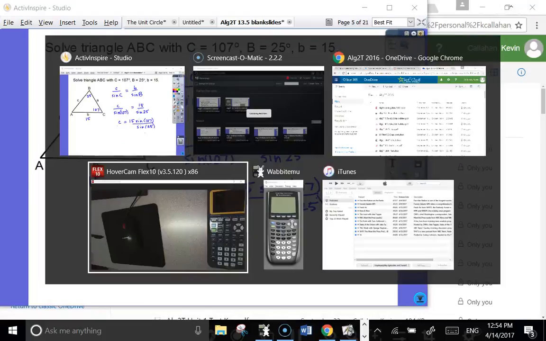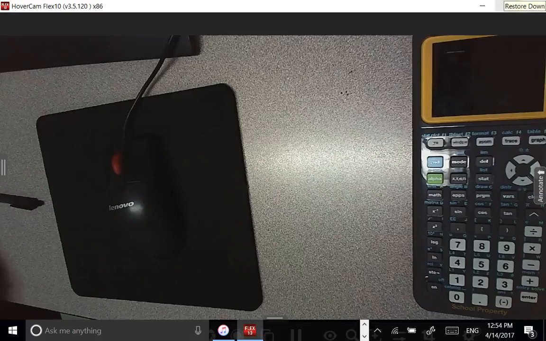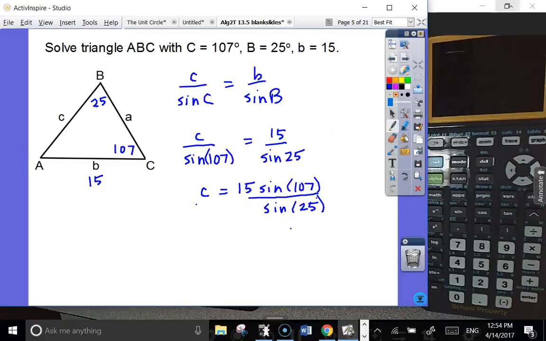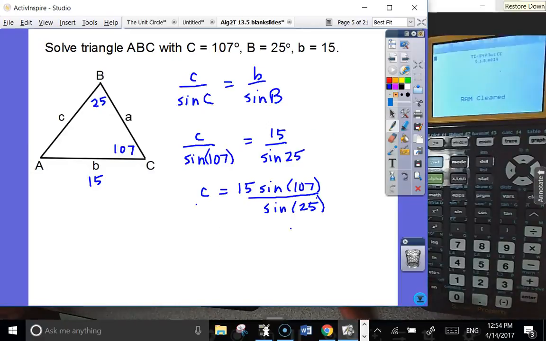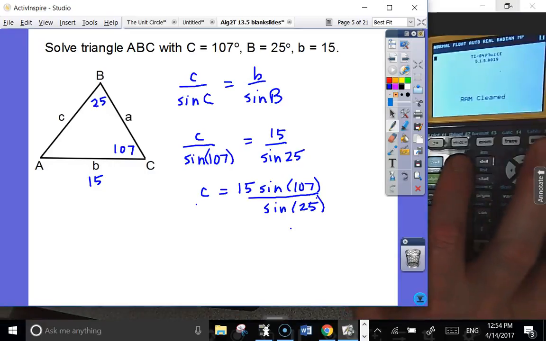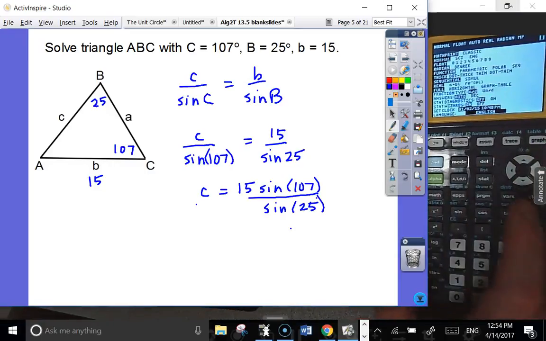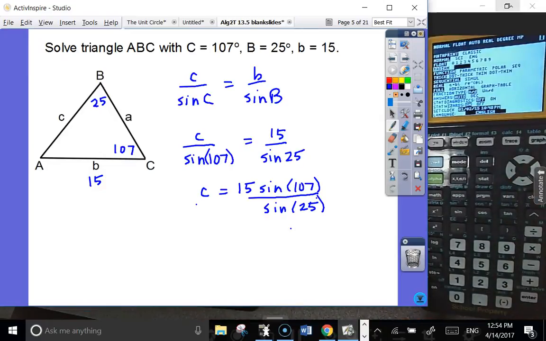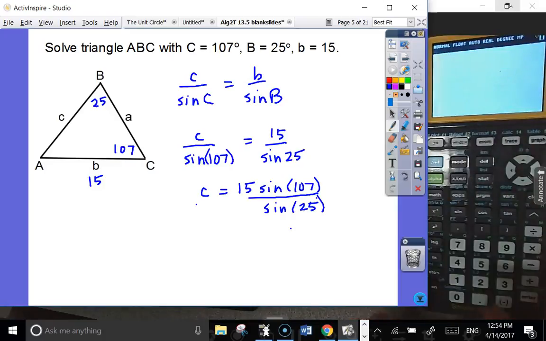Where's my hover cam? There. Okay, so 15. Make sure you're in the right mode. Remember, go to the mode key. I'm in radian, so let me go down and set it to degree. Then 15 sine 107.